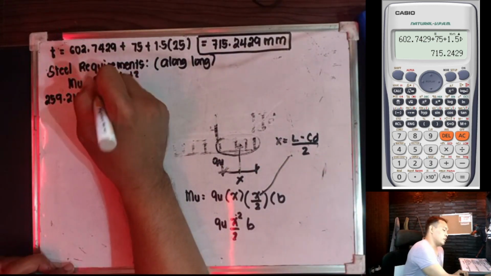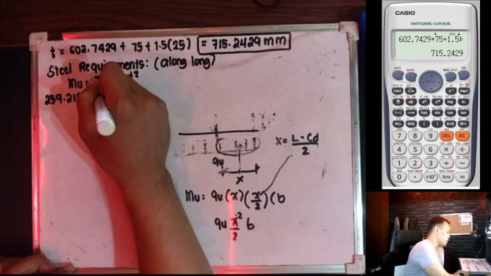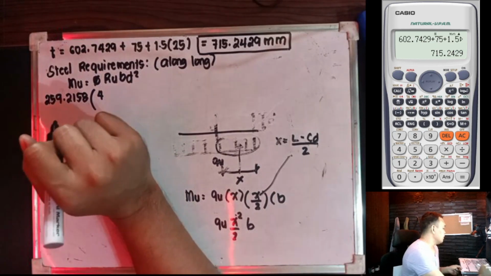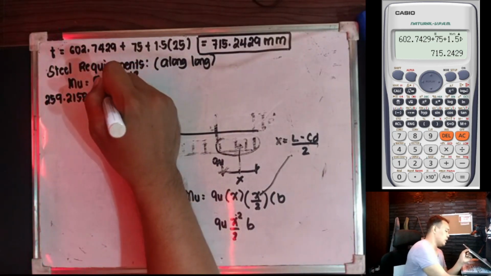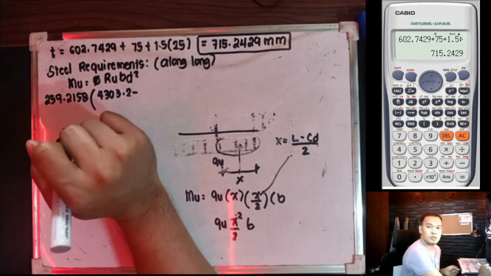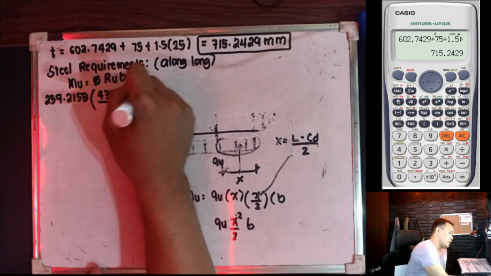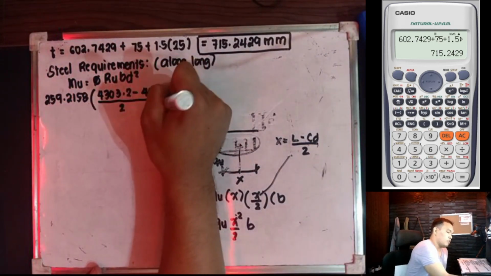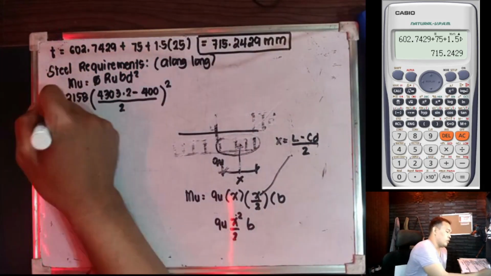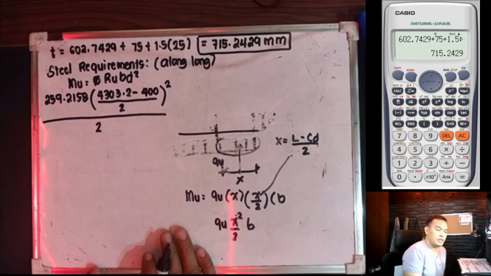So we have here the actual length, which is L, so 4,303.2 minus the column dimension, which is 400, divided by 2. That's the value of X. Then it is squared, so squared all over 2. Equals.